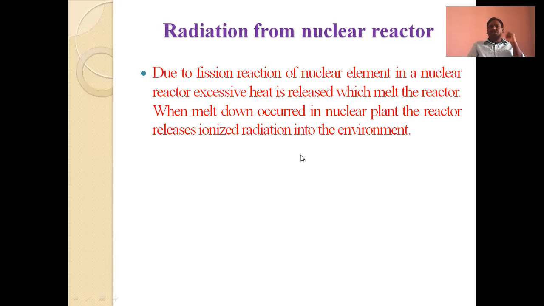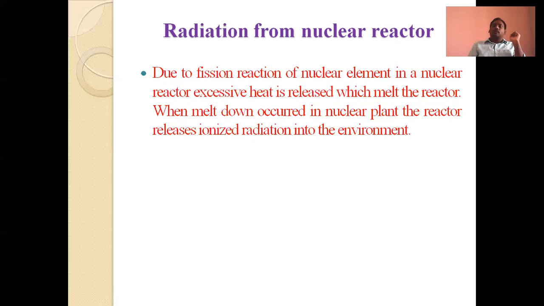That radiation can enter into the environment. When the radiation is released into the environment, it can spoil human lives and the growth of plants, and at the same time the environment and water living organisms also.